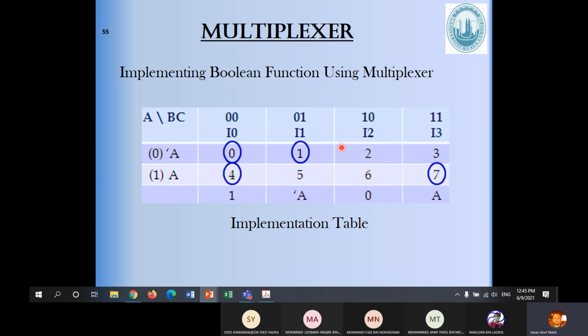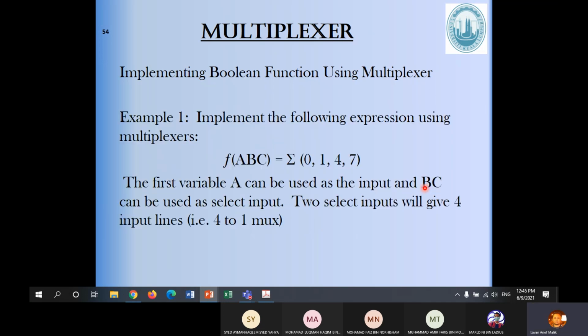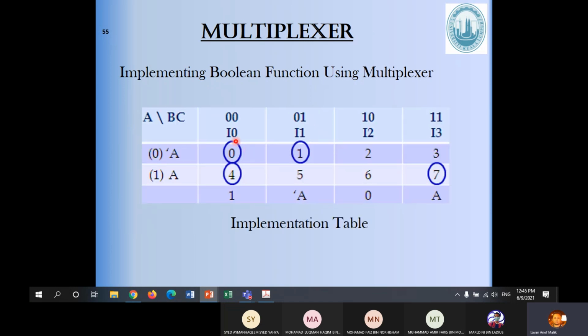How do you know which one is 0 and 1? Read using these values. 0, 0, 0 is 0. 0, 0, 1 is 1. 0, 1, 0 is 2. 0, 1, 1 is 3. 1, 0, 0 is 4. 1, 0, 1 is 5. 1, 1, 0 is 6. 1, 1, 1 is 7. And then you round up the numbers which are available in this sum here: 0, 1, 4, 7. So circle 0, 1, 4 and 7.